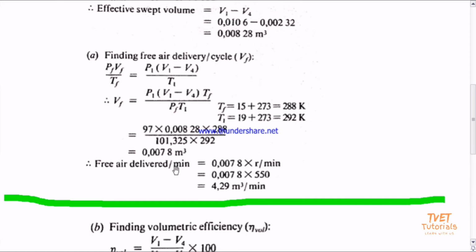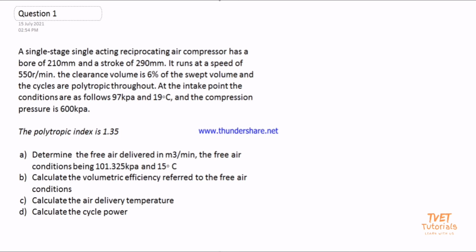This statement, per minute. So we were also given the rotation per minute there. That was important. Let's just quickly go back to it. Remember we were given the speed per minute.